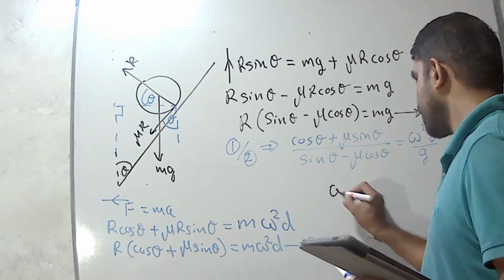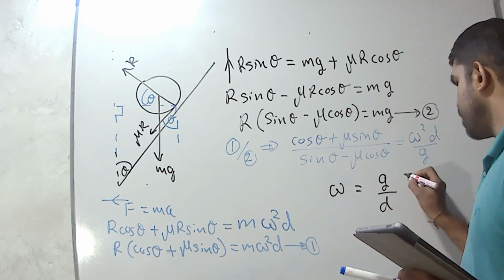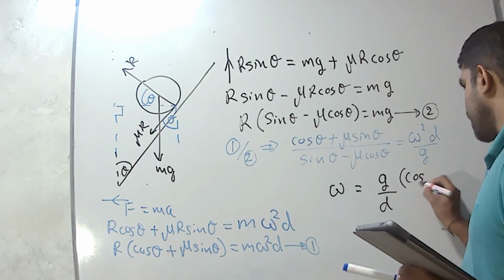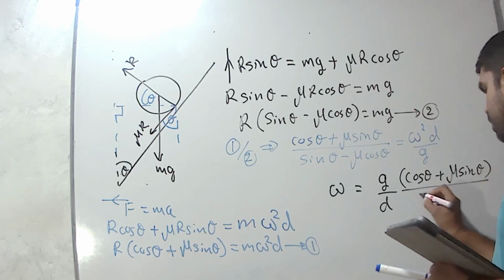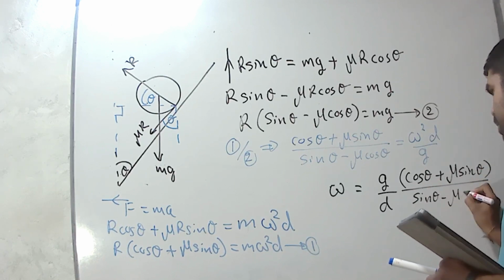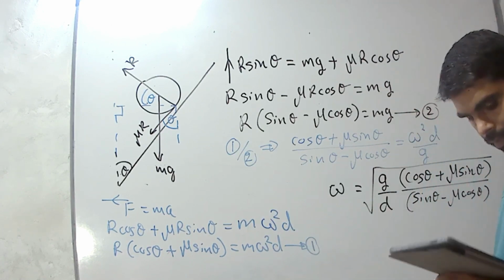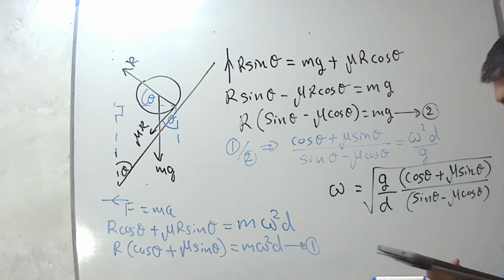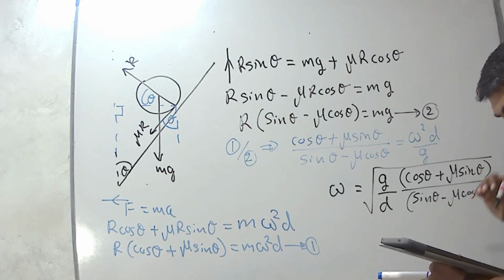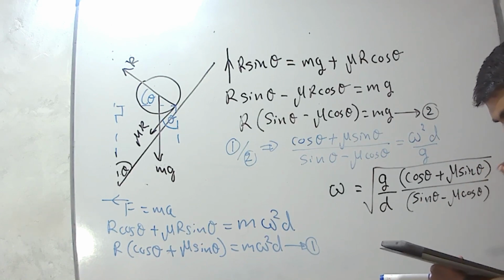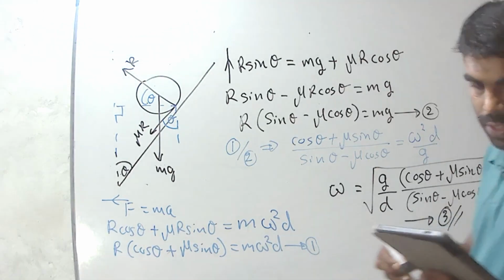Omega equals the square root of g over d times (cos theta plus mu sin theta) divided by (sin theta minus mu cos theta). Then we can obtain that the third one is the correct answer.